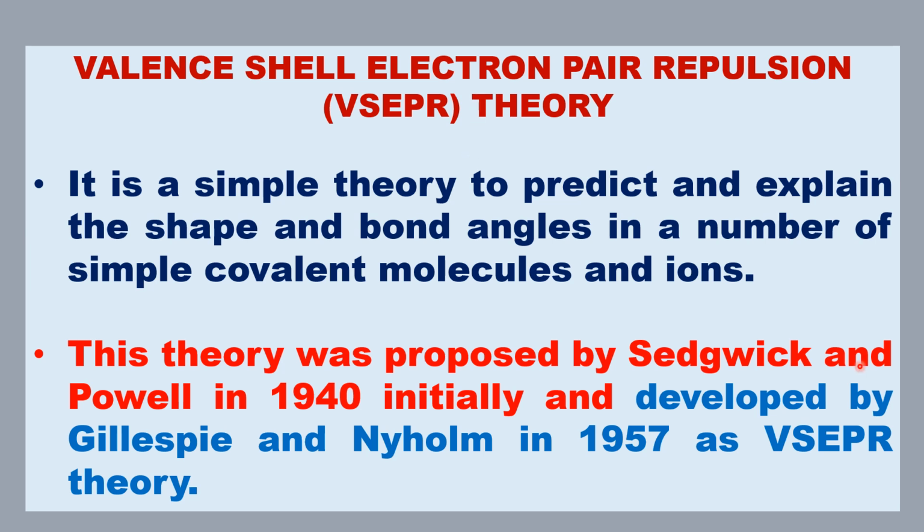It is used to predict the shape, geometry and bond angles in a number of covalent molecules or ions. This theory was proposed by Sidgwick and Powell in 1940, and developed by Gillespie and Nyholm in 1957 as VSEPR theory.